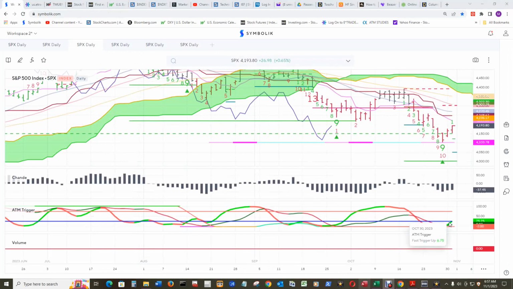And the ATM fast trigger wants to get above oversold 25. It's over it by 0.25 points, 25.25. So that has a tendency to shoot up pretty quick. Even though the price isn't skyrocketing, this can.